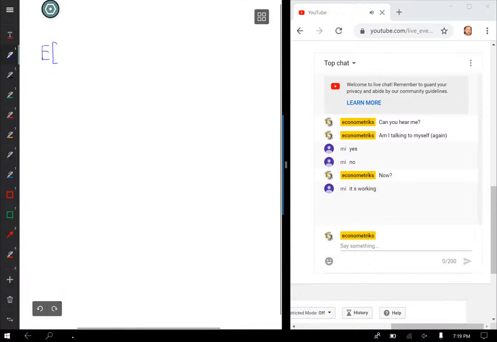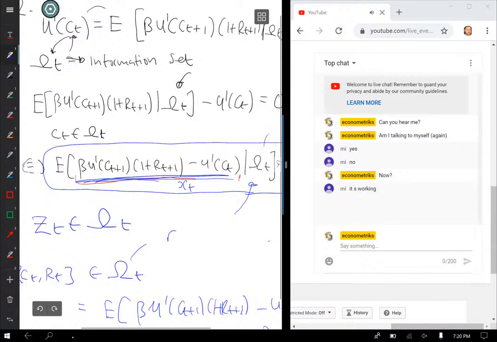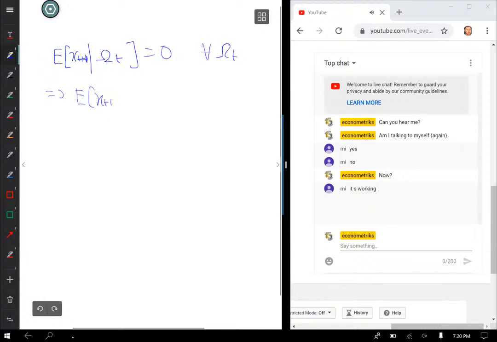What we're really showing is a mathematical result where the expectation of xt plus 1, because of course this is at time t plus 1, this is last period, so this is saying the average of some variable next period from now, xt plus 1, given the information set at time t equals naught for all possible outcomes in the past, implies that E of xt plus 1 given zt equals naught for all zt, when zt belongs to this bigger information set. It's a subset of it. That's what it's asking us to show.